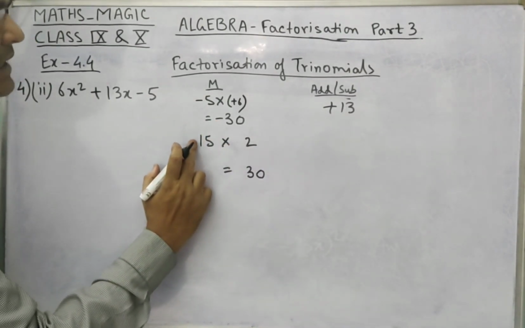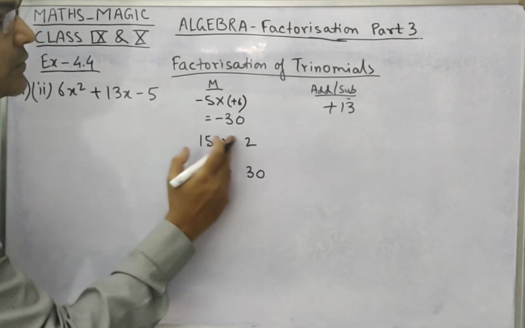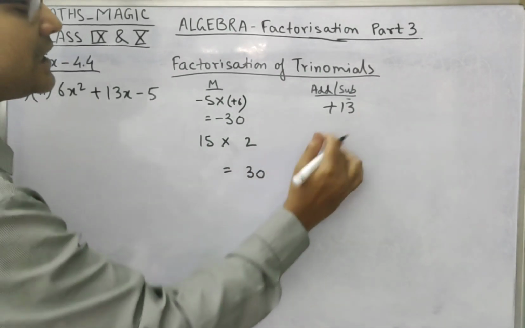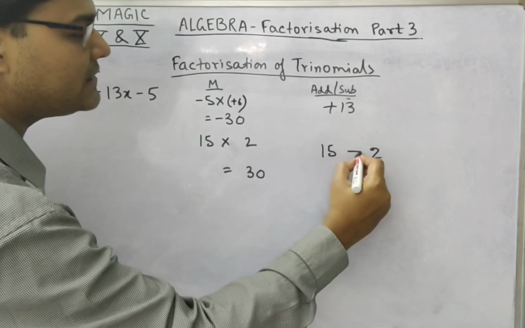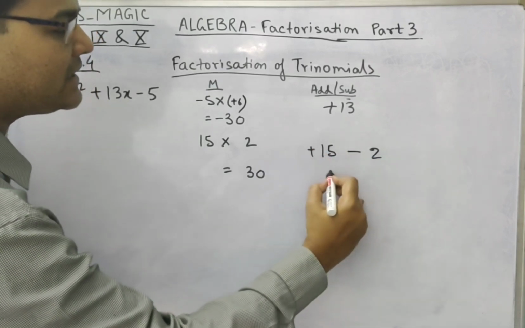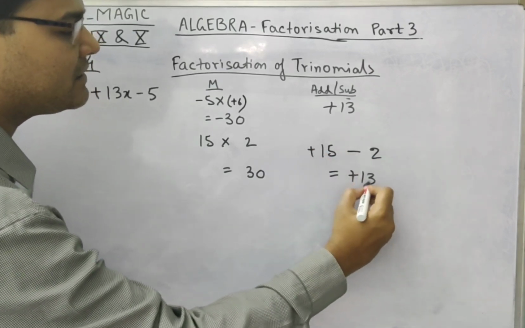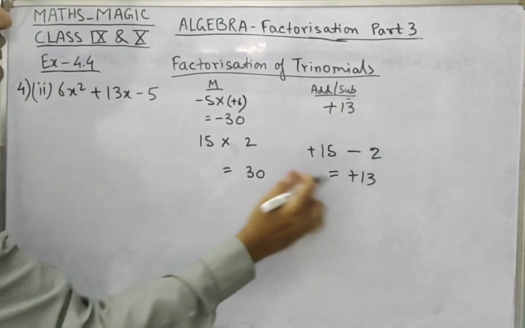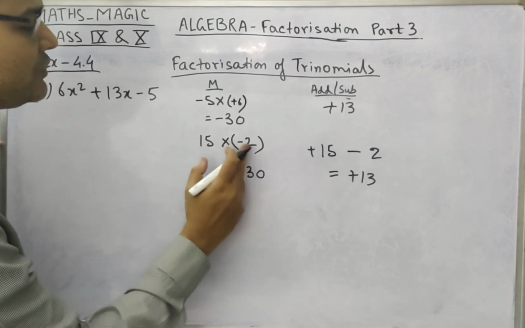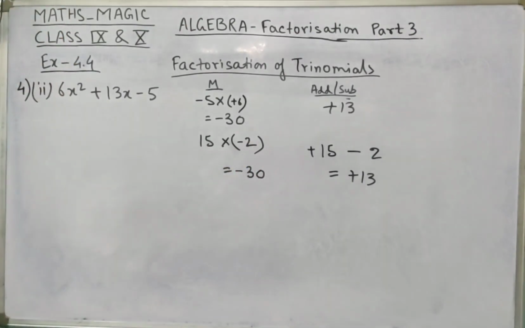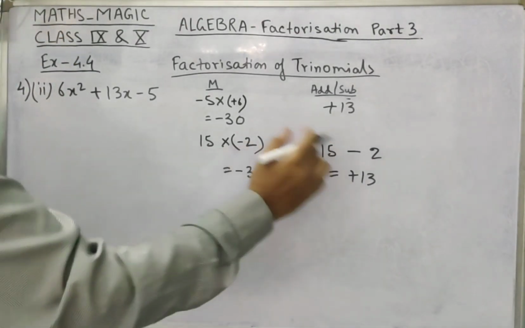So let's put minus to one of them. Now which one you will put minus to? Let us get the answer from here. So 15 and 2. If I do like this, plus 15 minus 2, I will get my plus 13. So I have to put minus here and minus 2. So 15 into minus 2, I'll get minus 30. I got the answer. So plus 15 and minus 2.